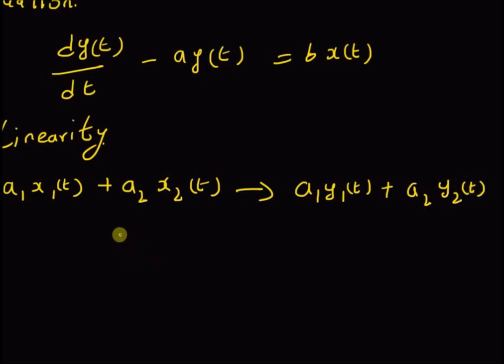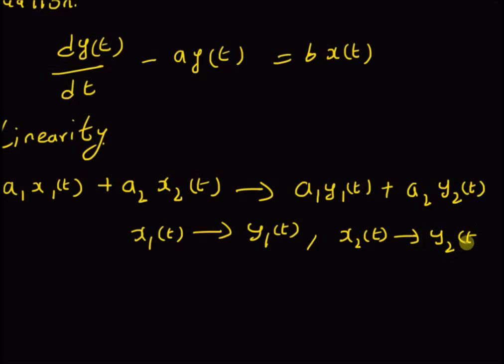Here the output y1 of t corresponds to the input x1 of t, and the output y2 of t corresponds to the input x2 of t. So if the input is x1 of t, the corresponding output is y1 of t, and if the input is x2 of t, the corresponding output is y2 of t.